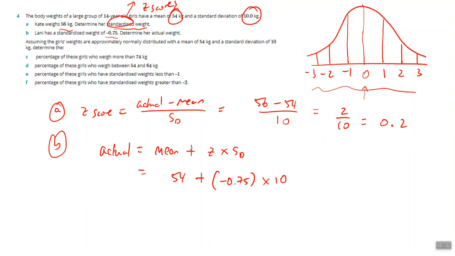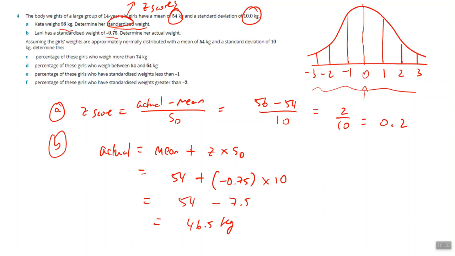Okay, so that's 54 minus 7.5. So that's 46.5 kilograms.